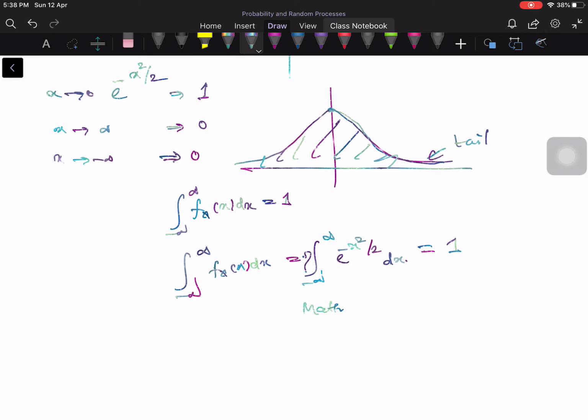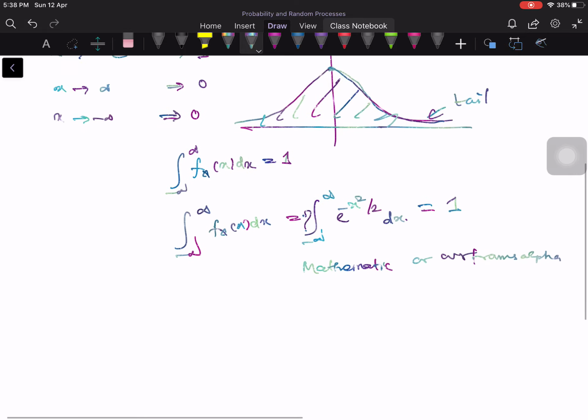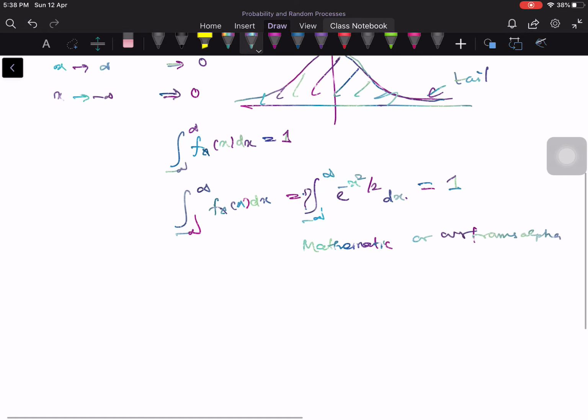You can take Mathematica or Wolfram Alpha and you can solve it. It is a very beautiful calculus exercise that you may have seen at some point in your beta course.